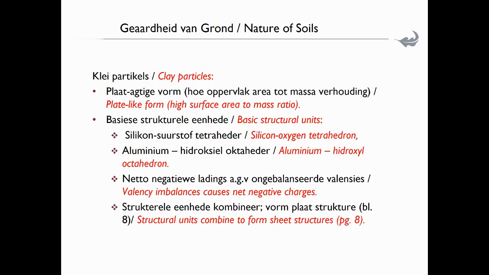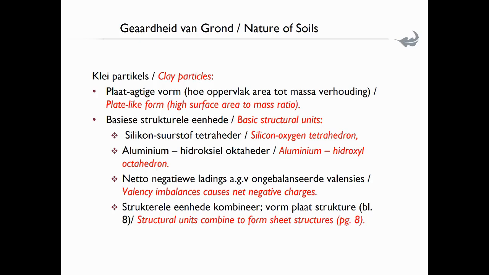Clay particles are typically in a plate-like form, so they have a high surface area to mass ratio. And they have some basic structural units. First of all, the silicon-oxygen tetrahedron. Then there's an aluminium hydroxyl octahedron. Those are your two typical structural units of clay.